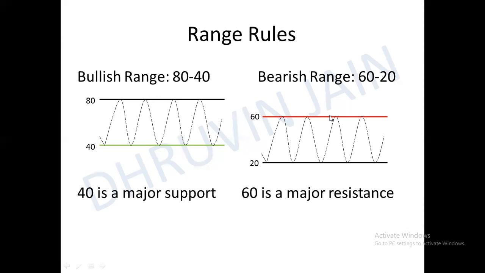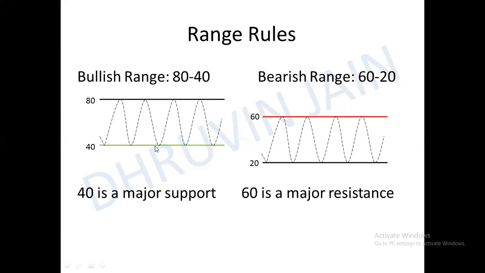And 33.3 to 40 levels, somewhere here, can be considered as a good support region for RSI.